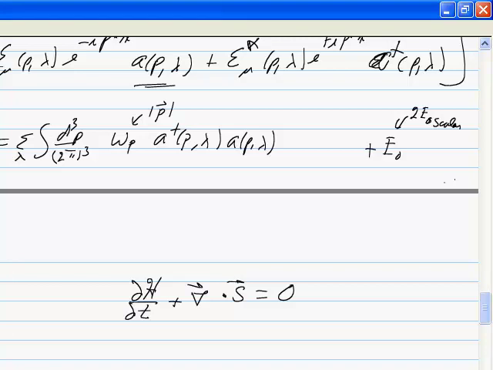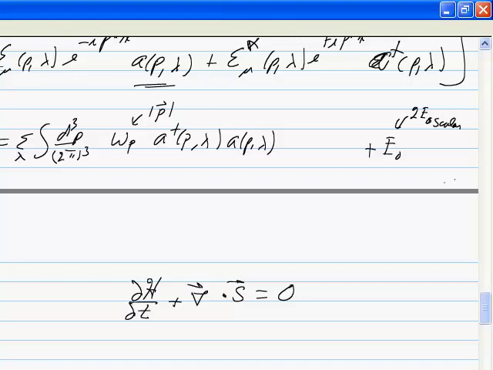This, by the usual tricks, tells us that the integral of the Hamiltonian density is conserved, so this is a conserved quantity. This tells us that S is the flow of energy, and so the energy density changes if the energy flows away.